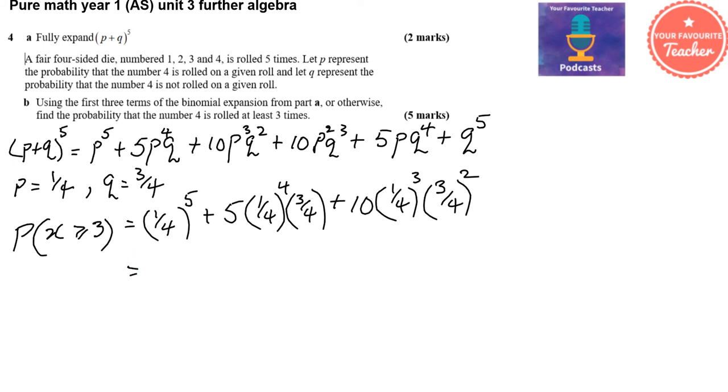And that, if we put it into our calculator, all works out to be 53 divided by 512.